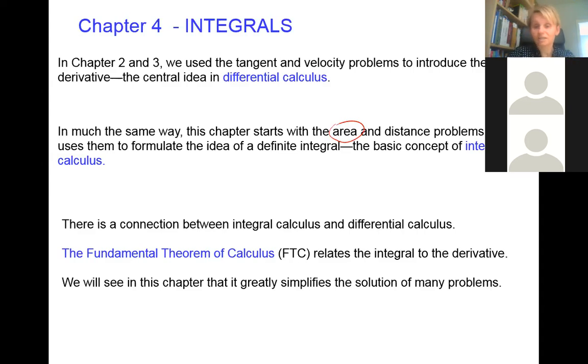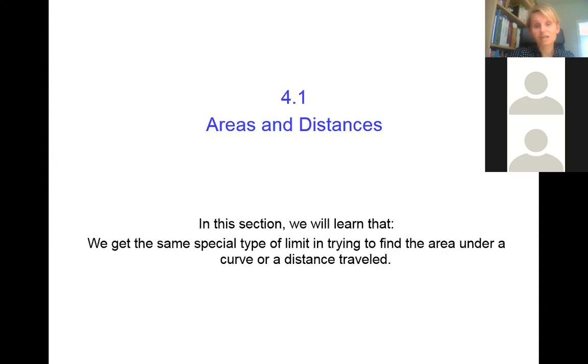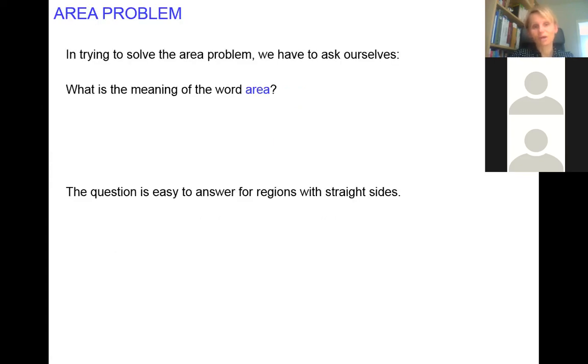But let's start slowly with just the area problem. How can we find the area, especially the area under the curve? That's where we will have a little bit of challenge. First of all, we have a feeling for what the word area means.